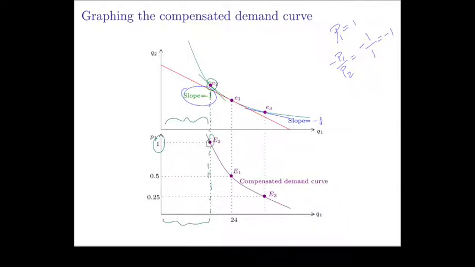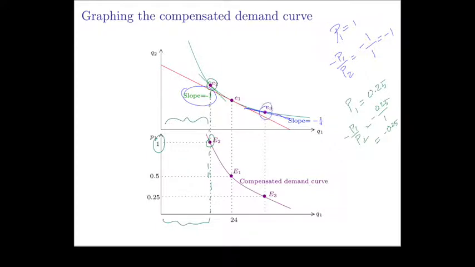Similarly, let's suppose the price drops further. Suppose the price of good 1 goes to a quarter. Then minus P1 over P2 is minus 0.25 divided by 1, which is negative a quarter. So again, we would get a budget line of this slope, and we would compensate the consumer again so that they would come back to the same indifference curve.